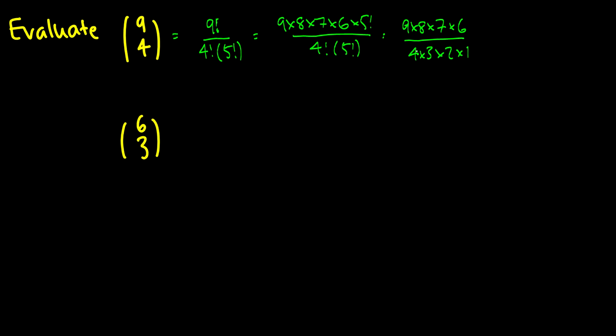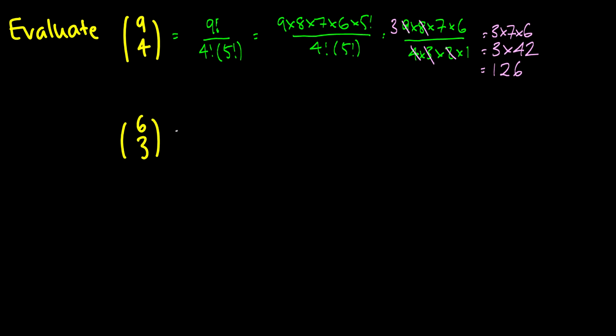We see that 4 times 2 is equal to 8, so we can cancel out the 4, the 2, and the 8, since that's the same thing as 8 divided by 8. And we can take the 9 and the 3 and simplify this. So we're going to get 3 times 7 times 6, which is a little bit more manageable, because that's 3 times 42, and that's just 126. So 9 choose 4 is 126.